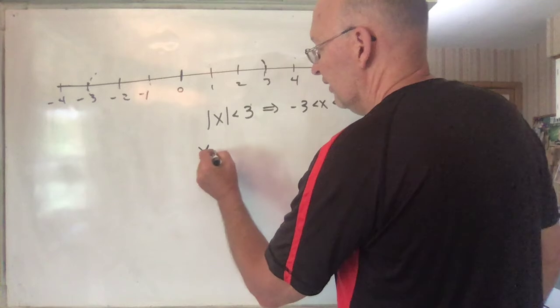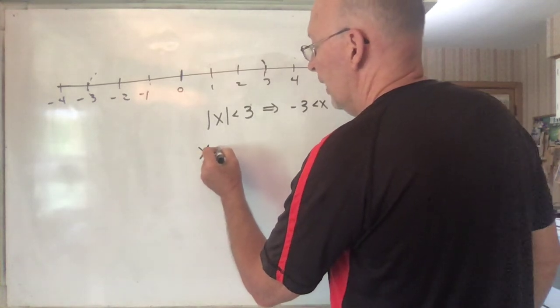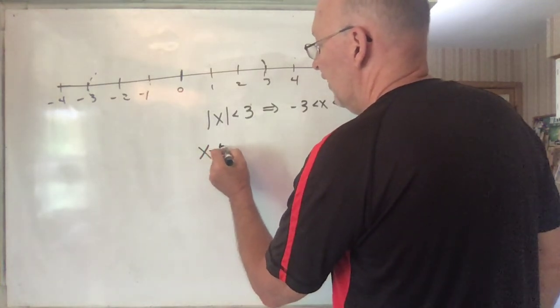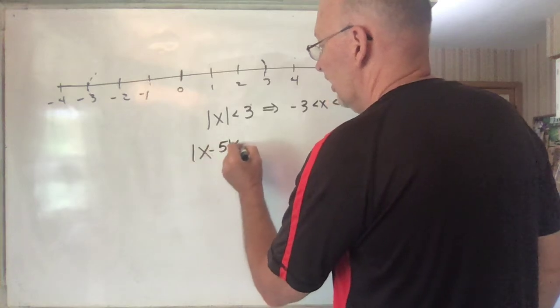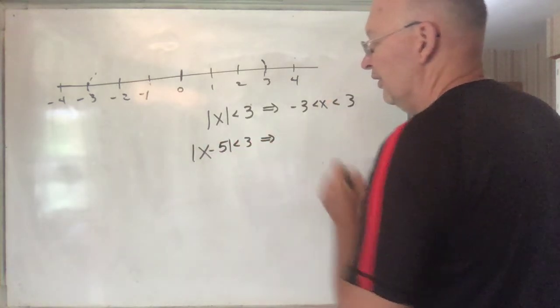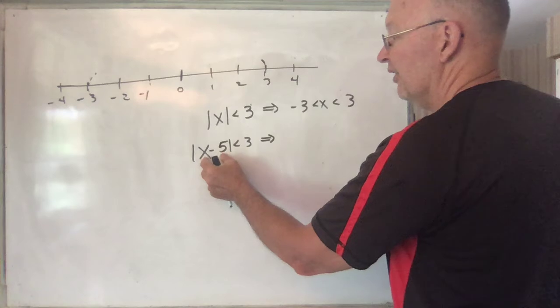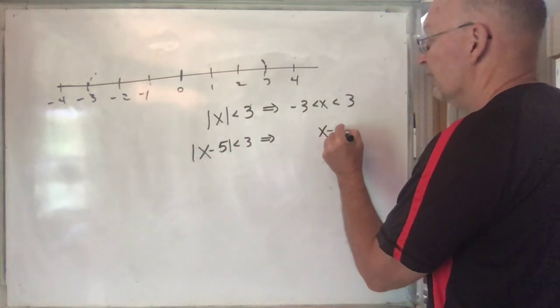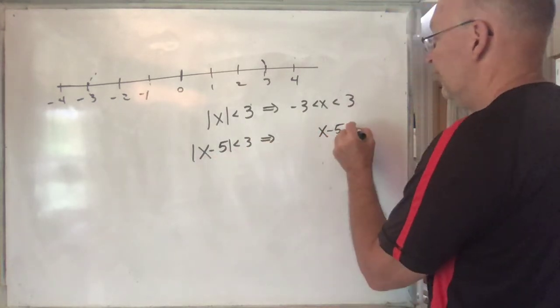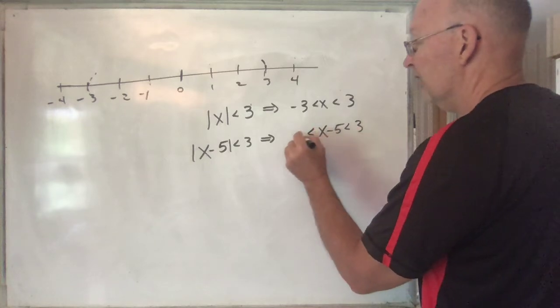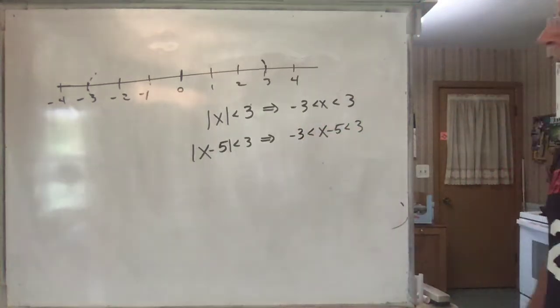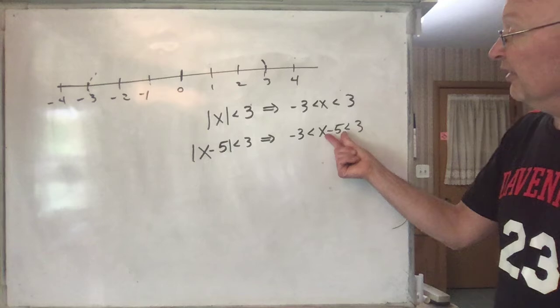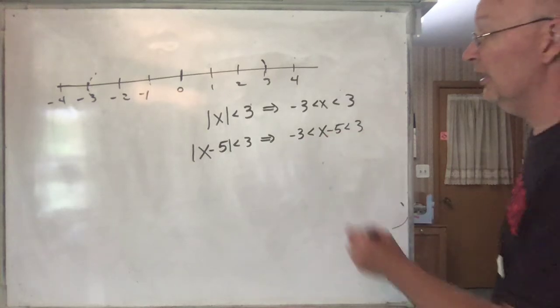If you did something like this, the absolute value of x minus 5 is less than 3, then you do the same sort of thing. You take this thing right here, x minus 5, and you put that between 3 and -3. It means that the size of this thing is between -3 and 3.